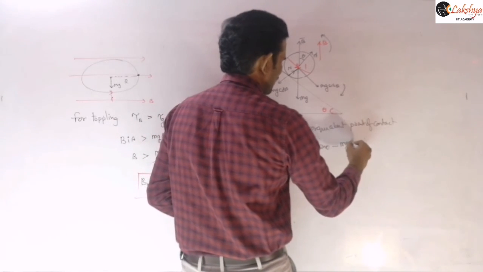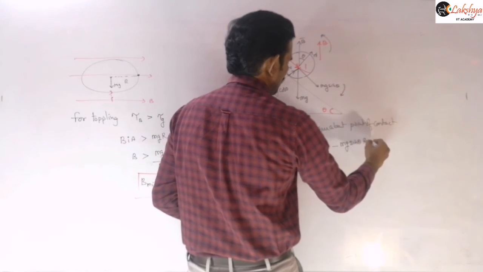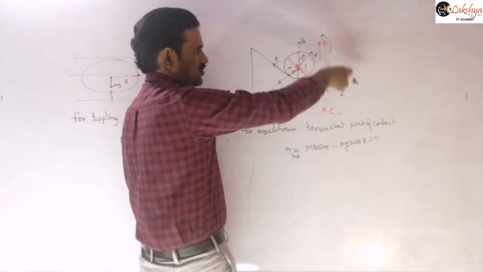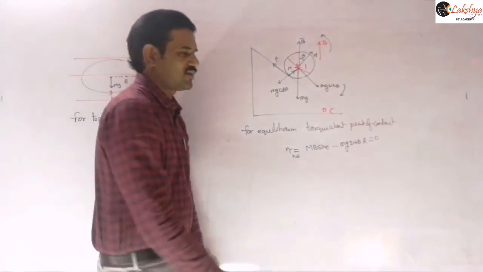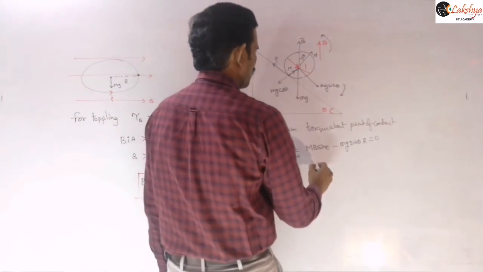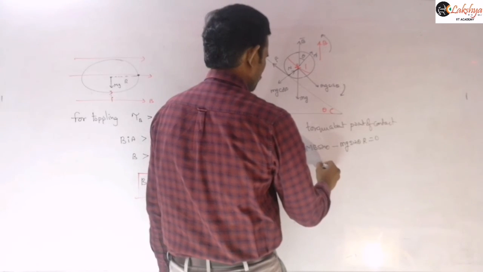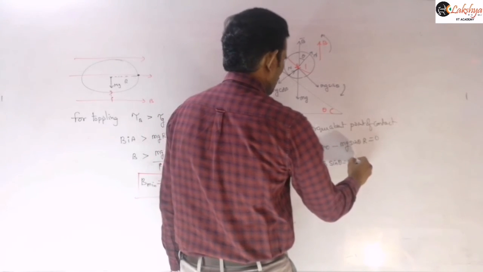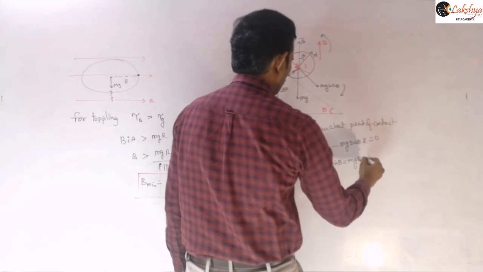So mg sin theta into r, and the net torque should be equal to 0. These two are in opposite directions, so one of the torques I am taking with a negative sign. Therefore we can write mB sin theta is equal to mg sin theta into r.